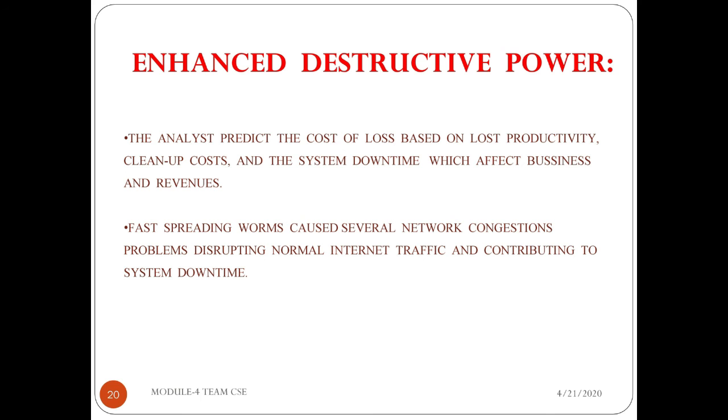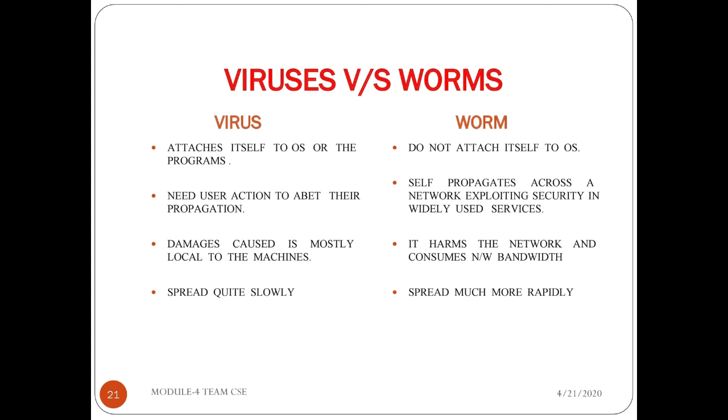Next slide, please. Difference between viruses and worms. A virus attaches itself to the OS or to programs. Worms do not attach themselves to the OS, and do not need user action to aid their propagation. They are self-propagating across a network, exploiting security holes in widely used services.